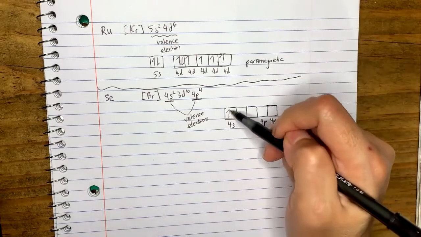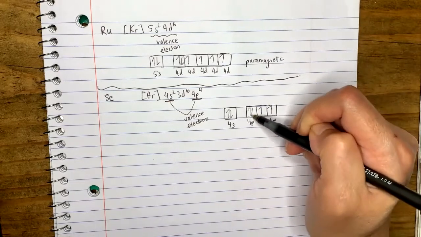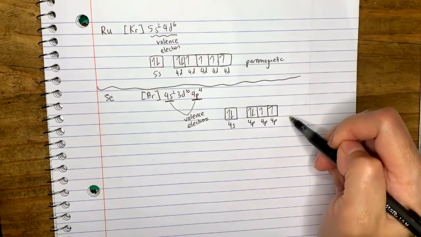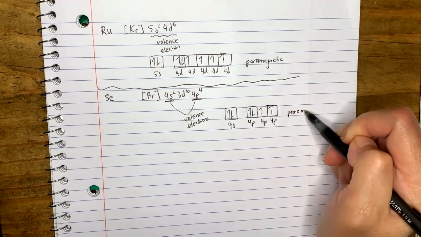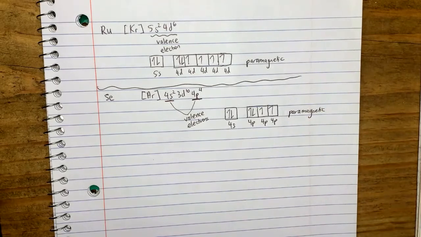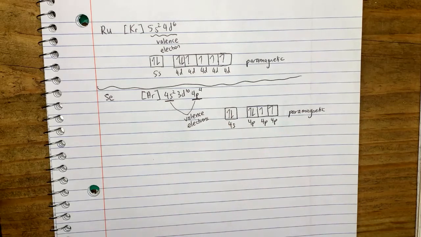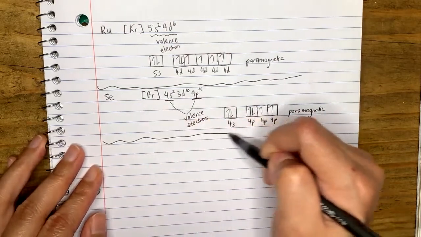We go 4s2, up, down, 4p4, 1, 2, 3, 4. So this here is also paramagnetic. So don't think if it's even numbers, it's going to be all paired, because that's not true because of the spin up and spin down thing that we're drawing. Okay, so that one's paramagnetic.